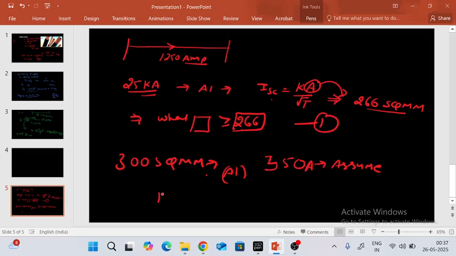But if I consider the K factor, say my K equivalent equals 0.8, I multiply 350 by 0.8, and it comes to 280 amps. So one of my conductors is able to carry 280 amps.